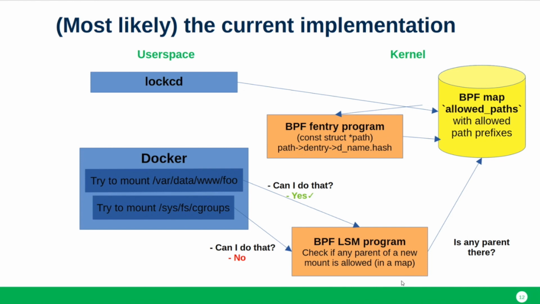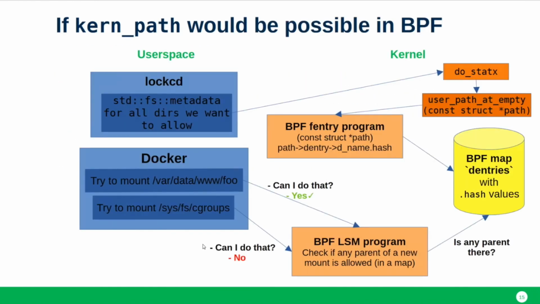If so, we allow. If not, we deny. We will be allowing /var/data, so that will be positive, and sysfs, mounting sysfs cgroups for non-privileged containers, of course, is something we won't allow. So that's how it's going to be implemented right now.